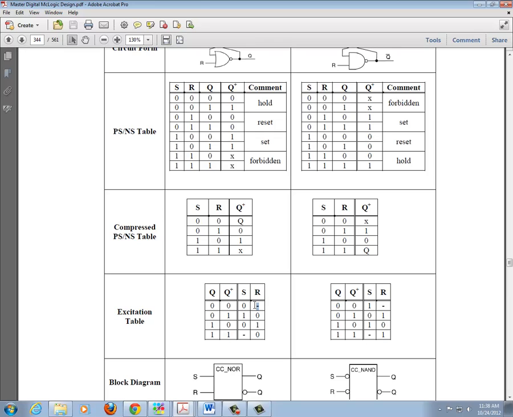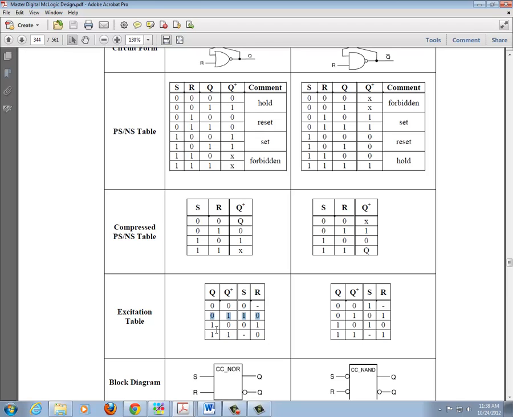Now if we were in state 0 and wanted to go to state 1, what do our conditions need to be? Well, that's a set condition when S is 1 and R is 0, and that's the only condition that does that. So in the excitation table, the second row is when S is 1 and R is 0.